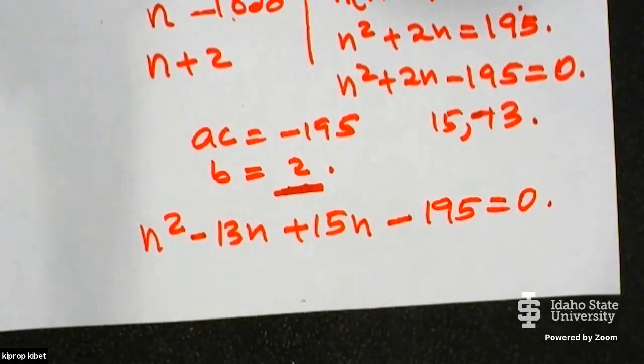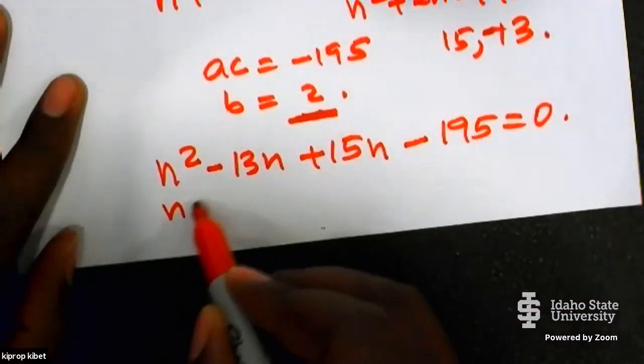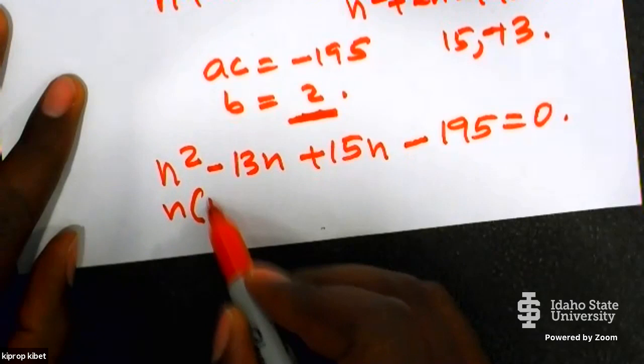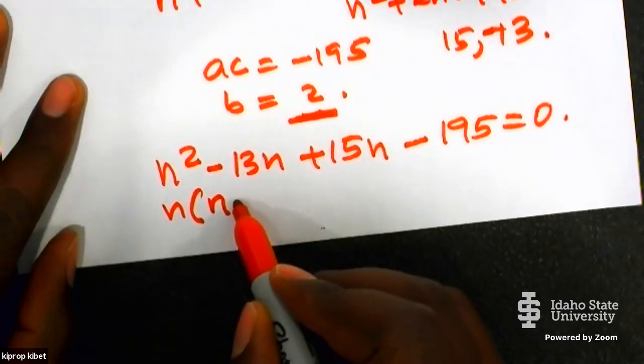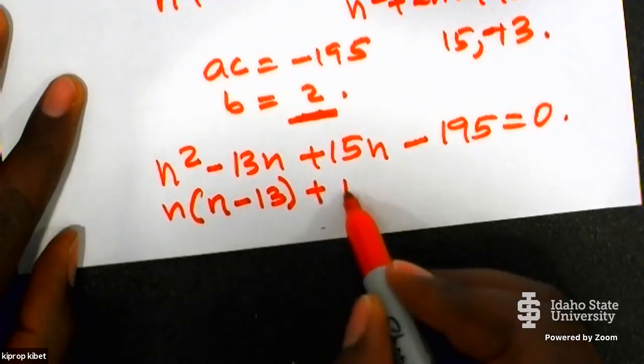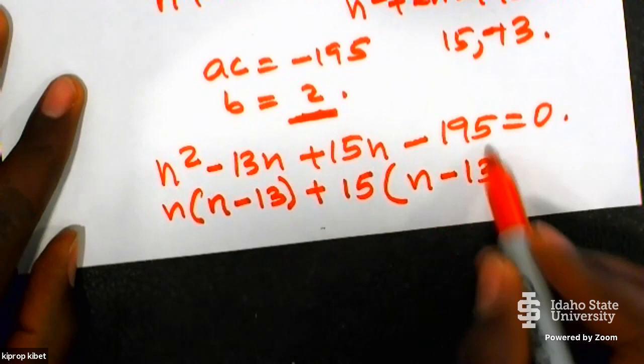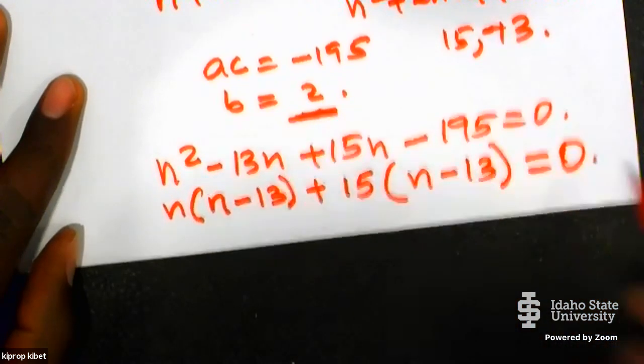So you factorize. So when you factorize that, then you factor out n. So n minus 13 plus 15 times n minus 13 equals to what? Equals to 0.